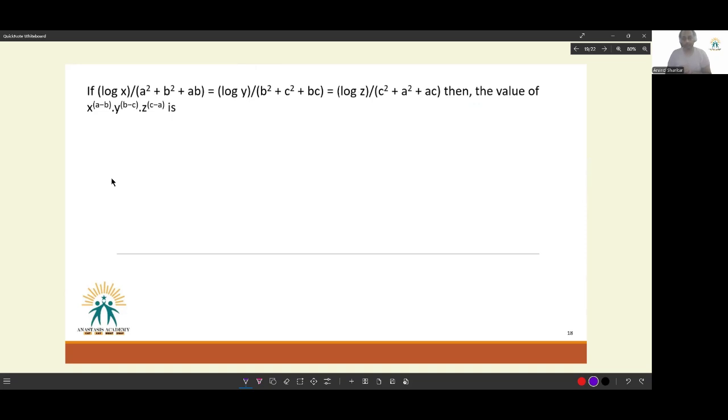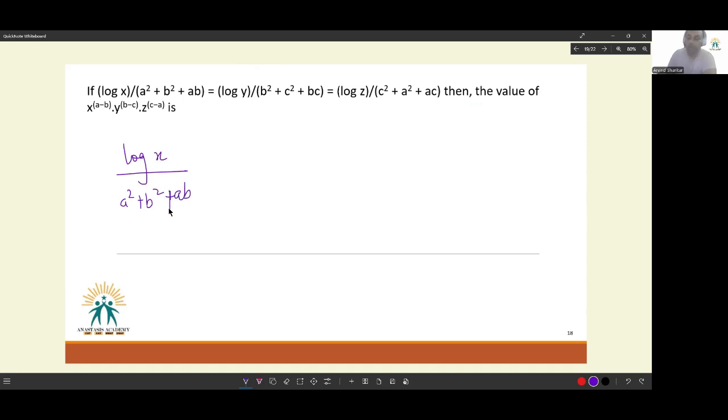Next question. Now log x by something is equal to log y by something is equal to log z by something, then the value of blah blah blah. Let's go ahead. Log x by a square plus b square plus ab.